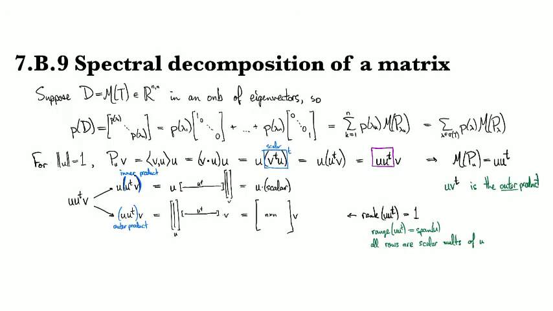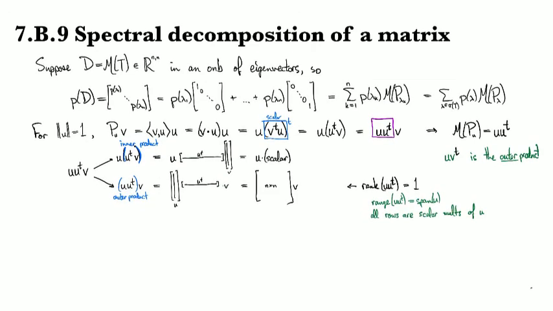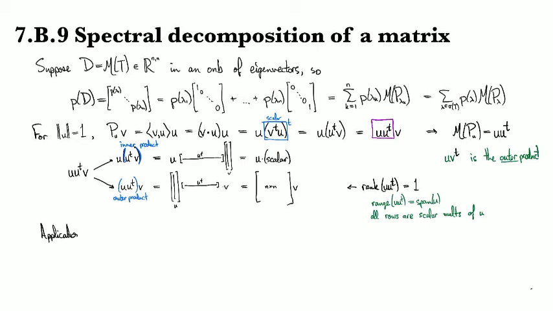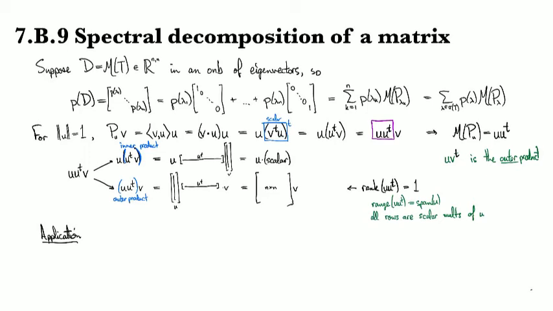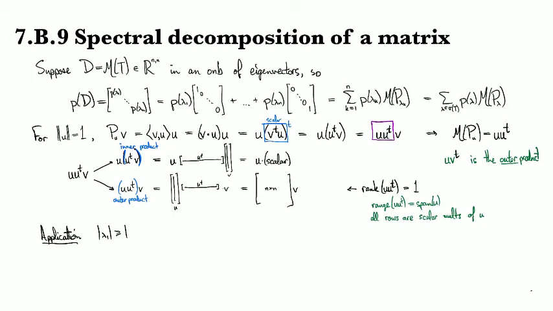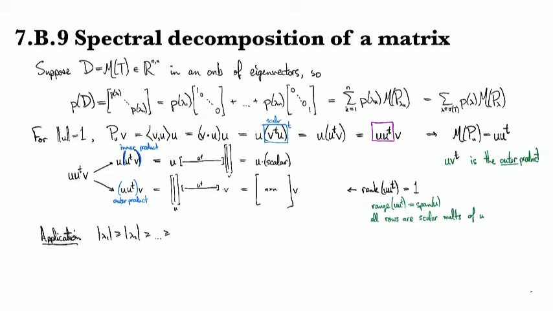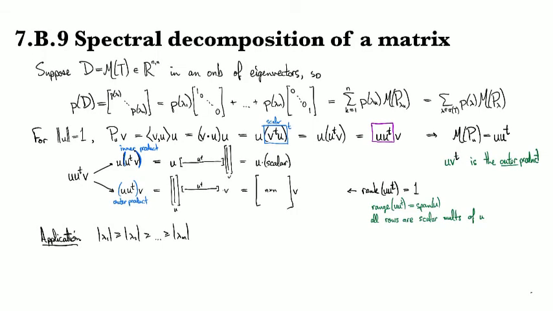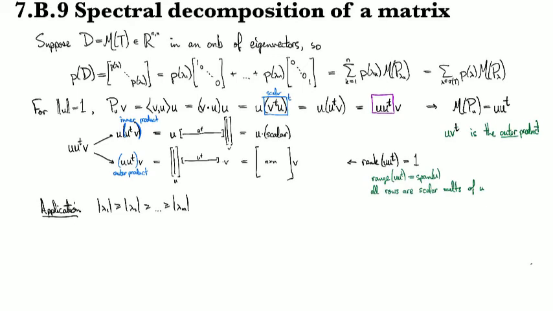Okay, so that leads us to the following interesting application. For this application, we're going to be assuming that the eigenvalues are organized in non-increasing order like this. Then let's see.